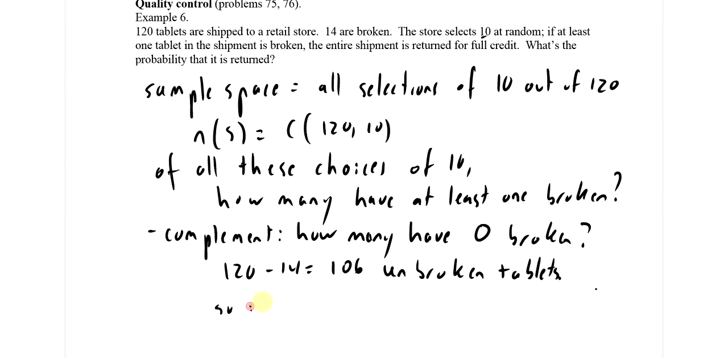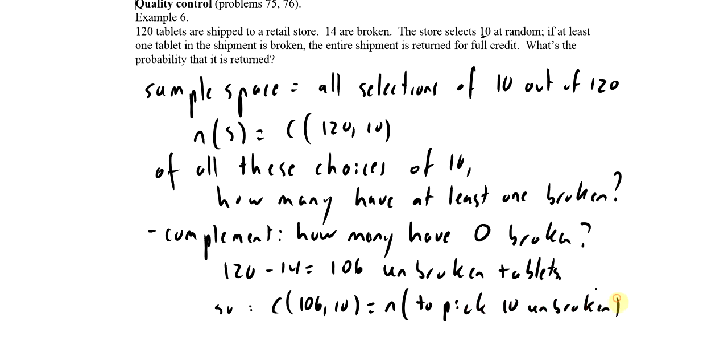So the number of ways to pick 10 unbroken tablets is C(106, 10).